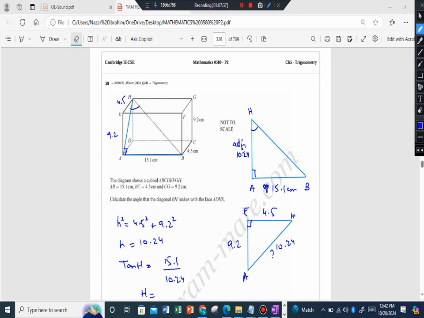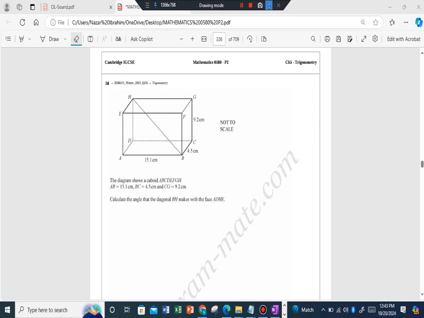Shift tan inverse 15.1 upon 10.24 gives 55.85. The required angle is 55.85. This is the angle which the diagonal BH makes with the face ADHE. Clear? Okay, let's move further.